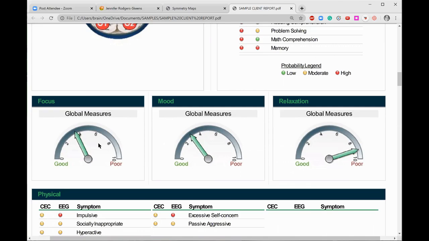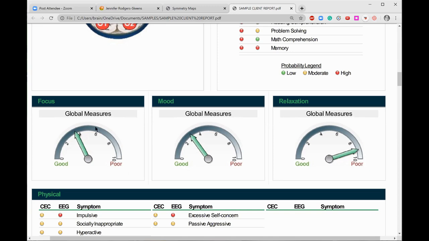The focus meter is driven primarily by slow wave activity, or not enough of the fast wave, basically being more predominant. And when somebody has any level of dysregulation on the focus meter, they sometimes experience things like inattention, impulsivity, maybe emotional reactivity. Things like that can start to surface, hyperactivity and cognitive issues.